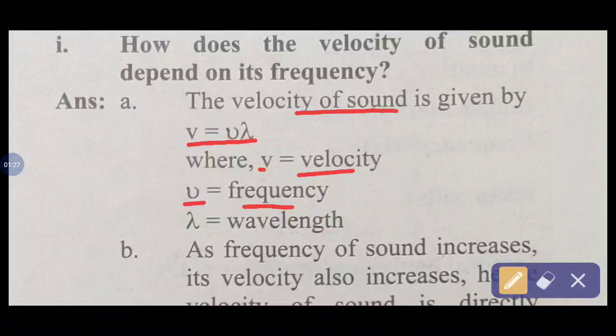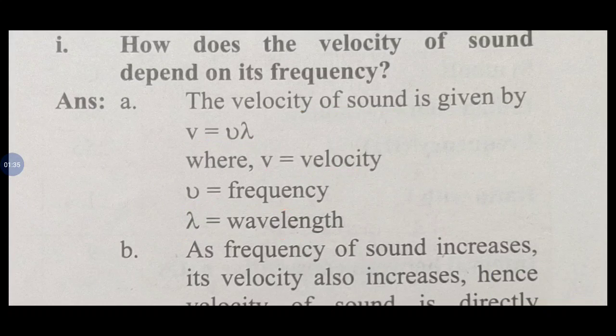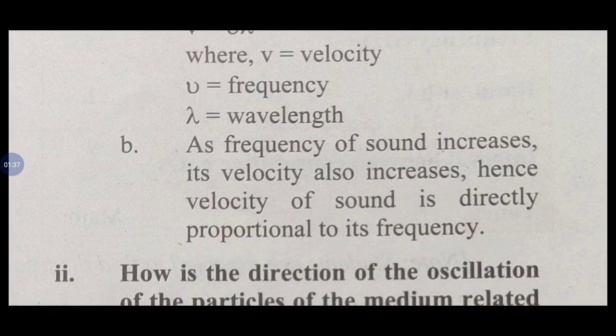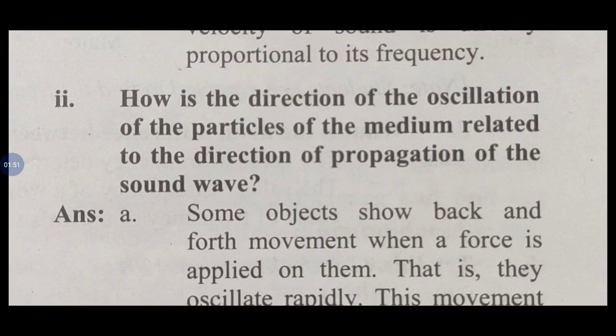And this inverted Y symbol is called lambda, indicating wavelength. Second point, as the frequency of sound increases, its velocity also increases. Hence, velocity of sound is directly proportional to its frequency. Remember this concept.